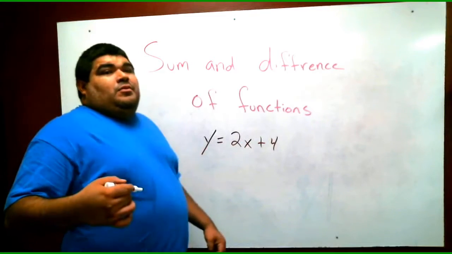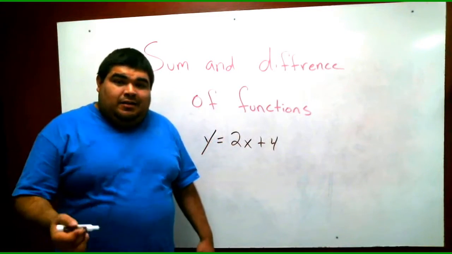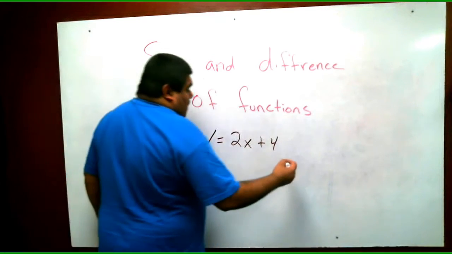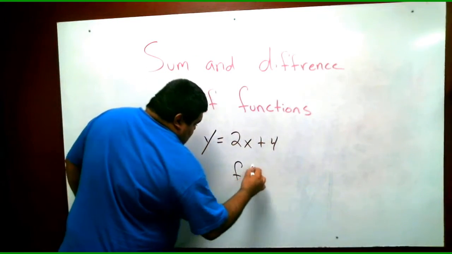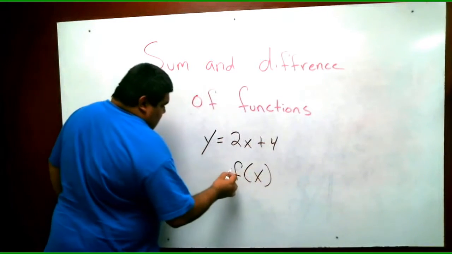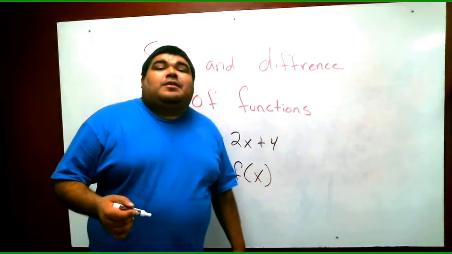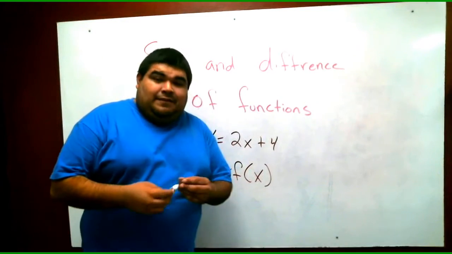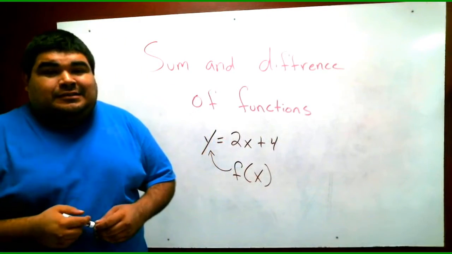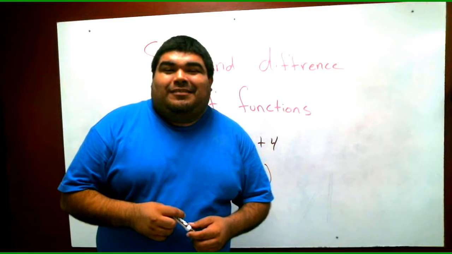Now you're going to start getting familiar with a new way to write y, which is f of x, okay? That's the same as saying y. So if I say, what's f of x? It is y. If I say, what's g of x? Hint, hint. You guys know which one that is?